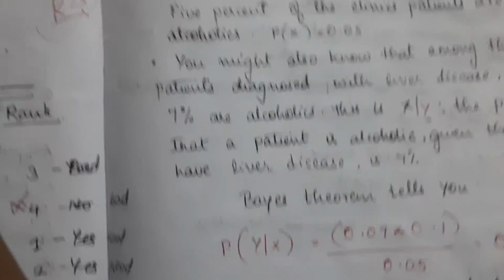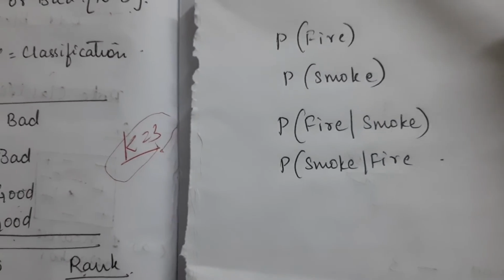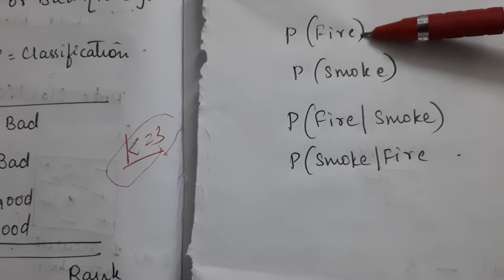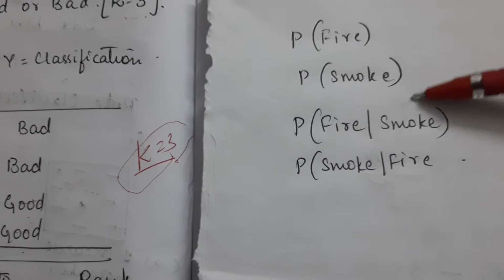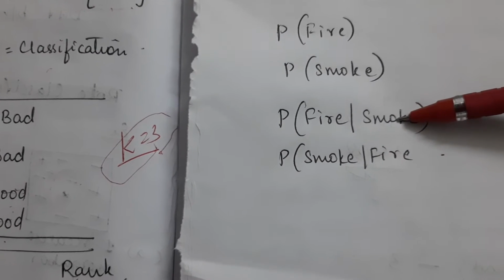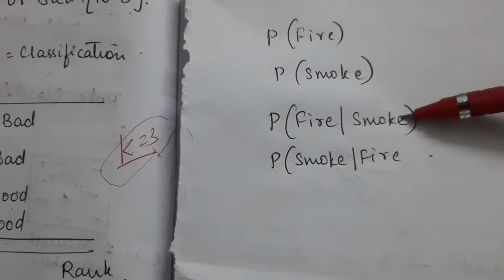Okay, so another example I can cite from here is, imagine I have two variables now. Anyway, for Bayes theorem we talk about two variables, x and y. P of fire, probability of fire means how often there is fire, and probability of smoke means how often we see smoke. So P of fire given smoke means how often there is fire when we can see smoke.